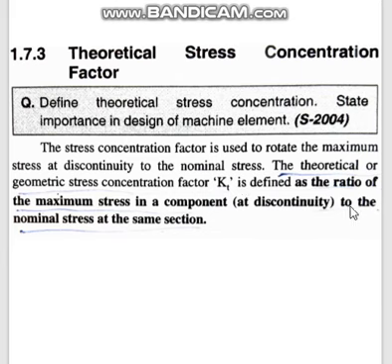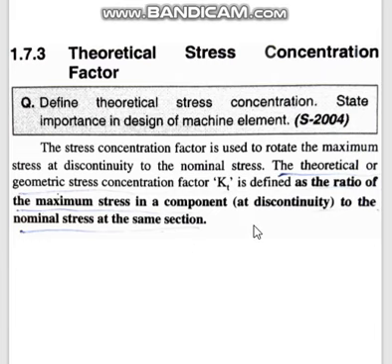This is defined as the ratio of maximum stress in a component because of the discontinuity, in the vicinity or neighborhood of the discontinuity, to the nominal stress at the same section.